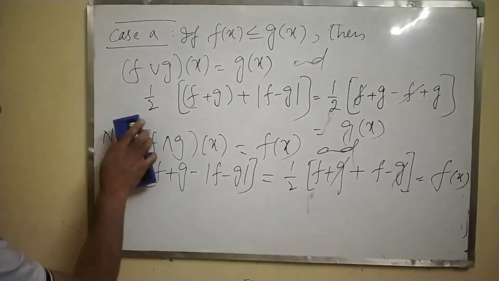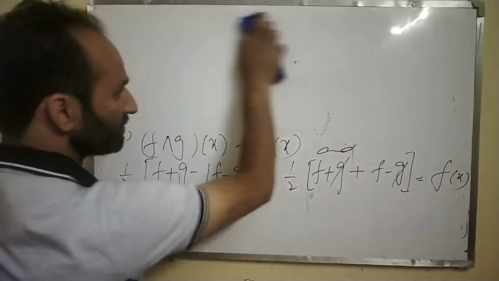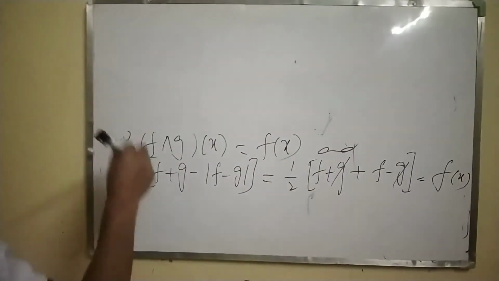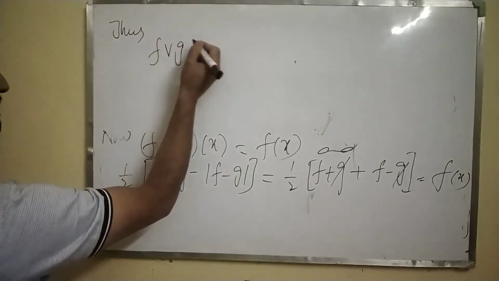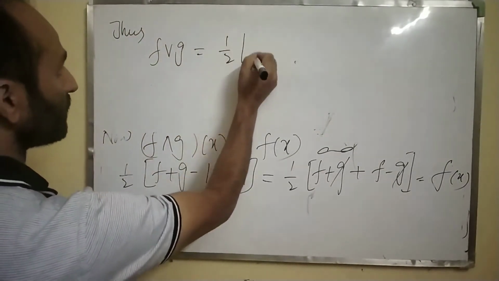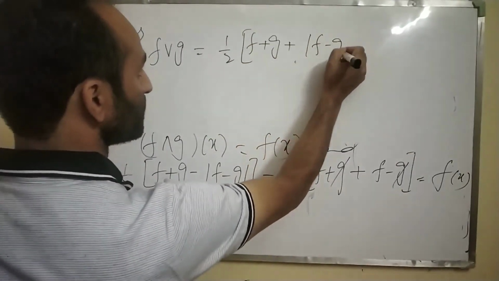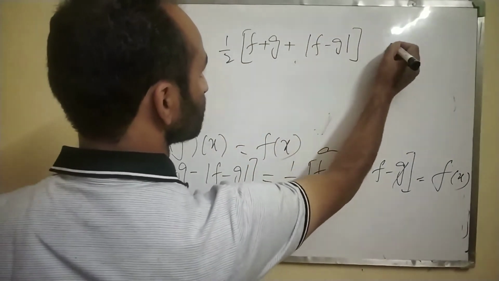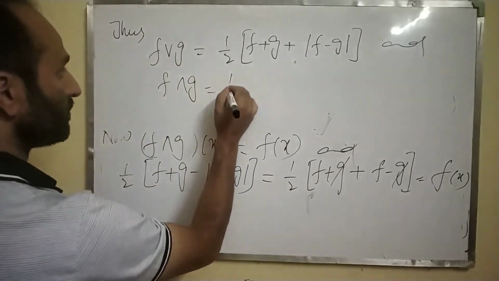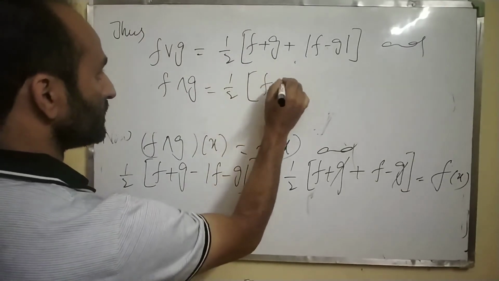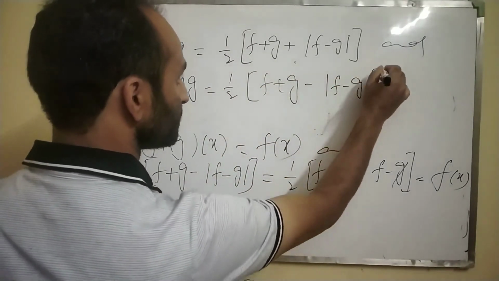So we have the following equations. The join is equal to 1/2 of f plus g plus mod of f minus g, and the meet function is equal to 1/2 of f plus g minus mod of f minus g.